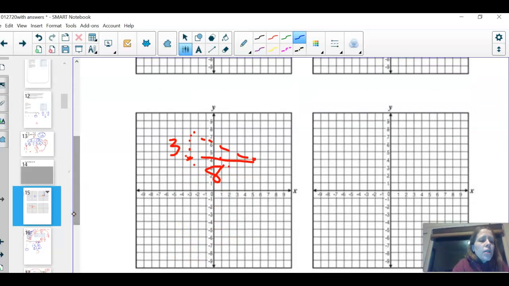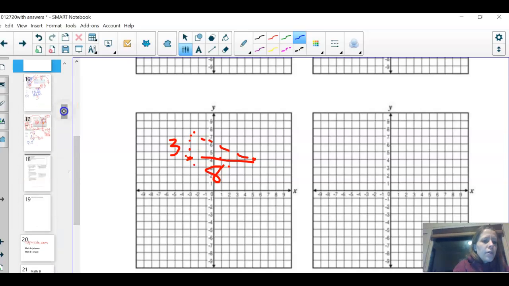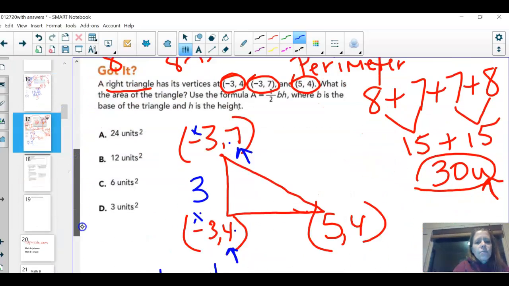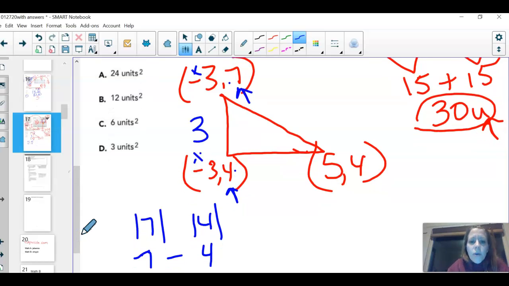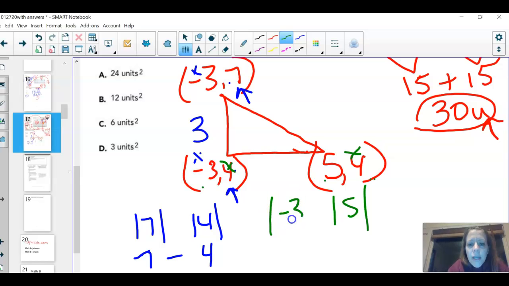Okay? Now let's look at the other one. So now I'm going to look at this way. I have going the other direction. I have negative 3, 5, negative 3, 4, and 5, 4. Yo tengo negativo 3, 4, y 5, 4. These are the same. So now I have 5, and I have negative 3.